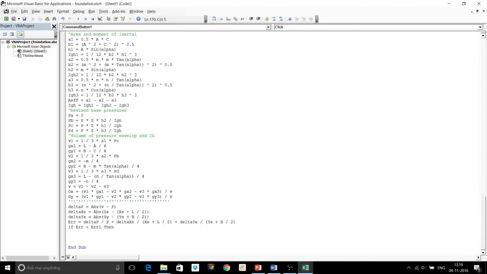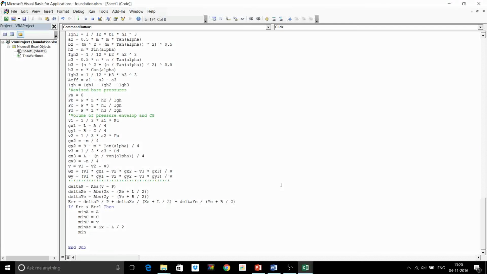So min A I will take as A, min C equal to C, min P equal to P, min XE equal to GX minus L by 2, min YE is equal to GY minus B by 2.